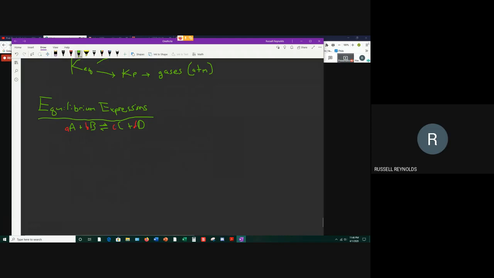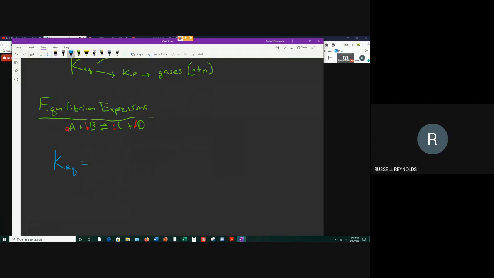So your generic equilibrium expression is going to be K EQ is equal to the ratio of the products divided by the reactants.